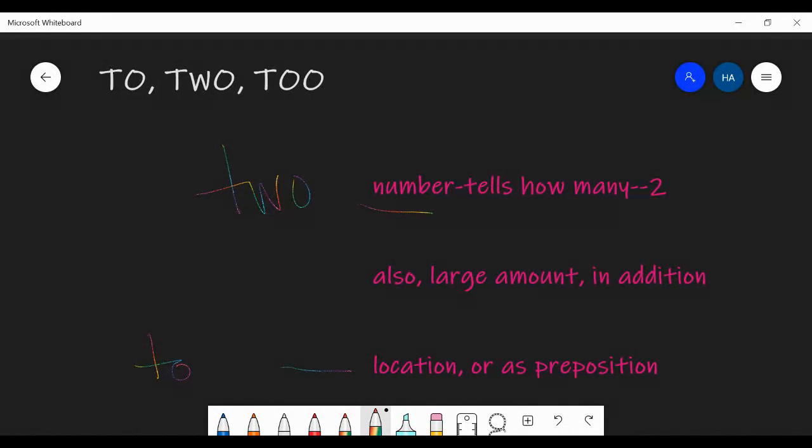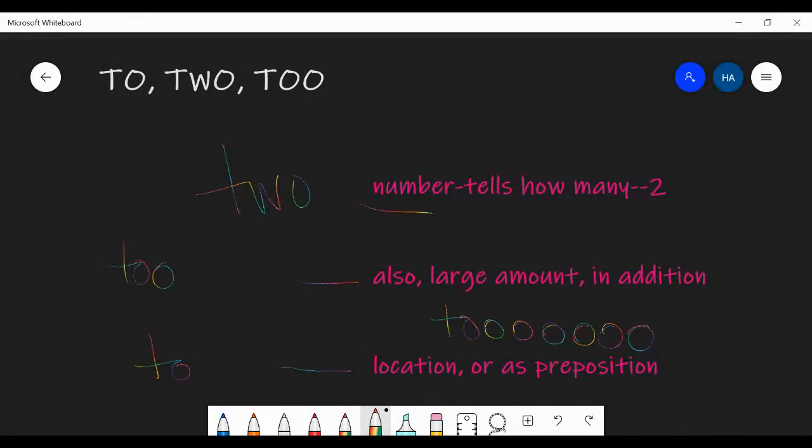The one that's kind of tricky is T-O-O, and this one means in addition to, or also, or a large amount. The easiest way I can help you to remember this is if you have too much of something, you have too many O's in that word too.